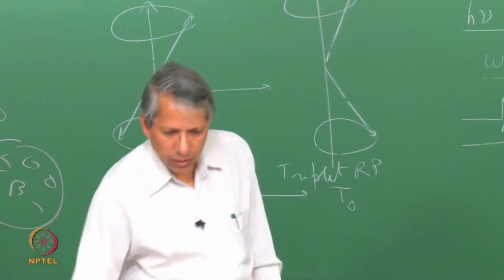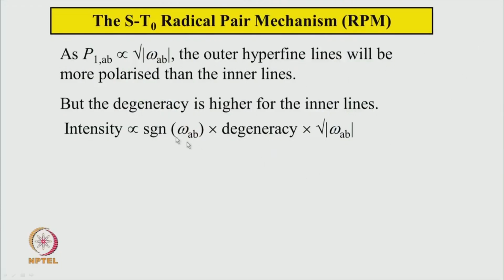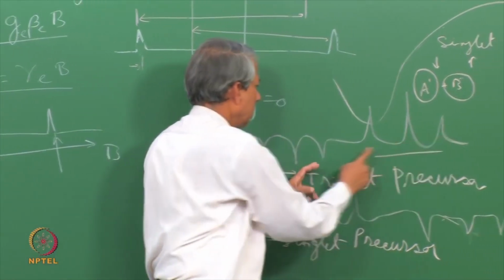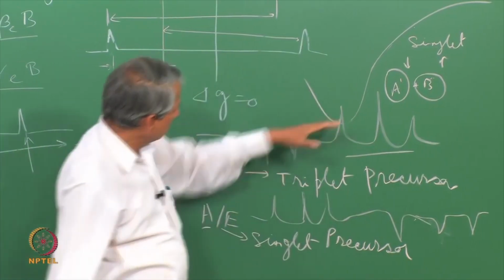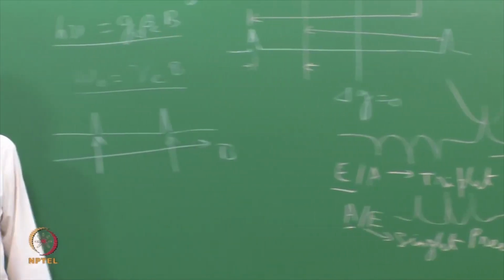The observed intensity will be a product of the degeneracy factor, the square root of the precessional frequency difference, and the sign. So the spectrum will look like what we see here: the outer lines are more polarized, but the inner lines have more contribution from degeneracy.